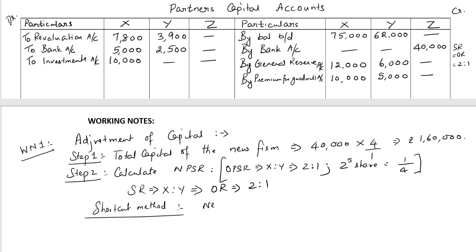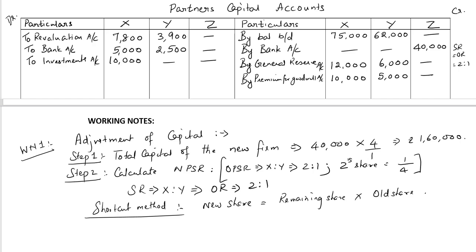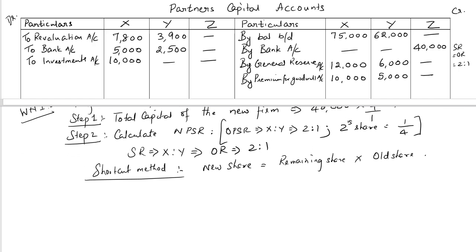So then we can apply the shortcut method. Where the new share is equal to remaining share multiplied by the old share. Z share is equal to 1 divided by 4.